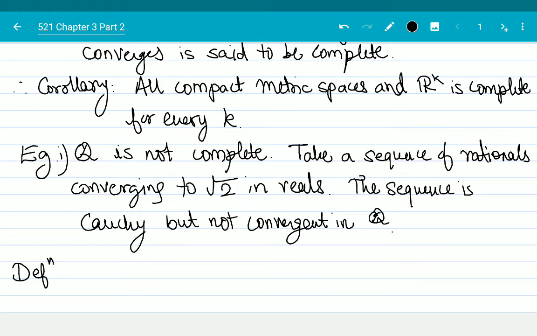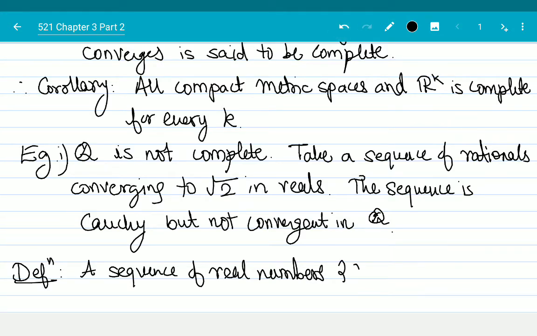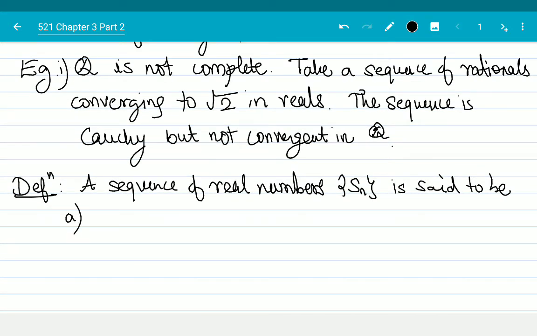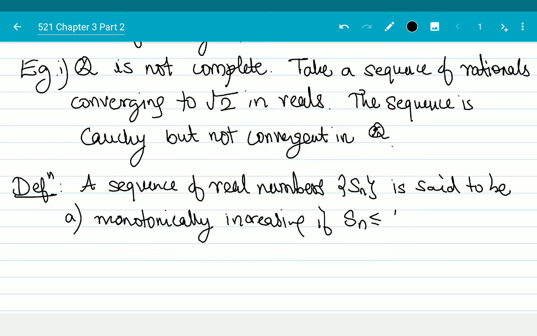Okay. Definition. A sequence of real numbers Sn is said to be, well, first, monotonically increasing if Sn is smaller than or equal to Sn plus 1 for every n.